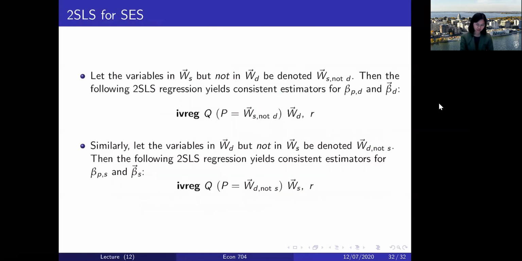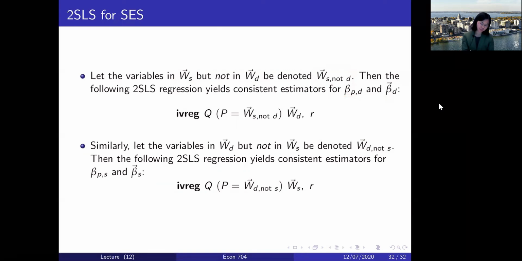Okay, so in the end, what we can do to consistently estimate the simultaneous equation system is as follows. Let the variables in WS that are supply but not demand shifters be WS not D. Then we can use the following two-stage least squares regression to get consistent estimators for the coefficients in the demand equation.